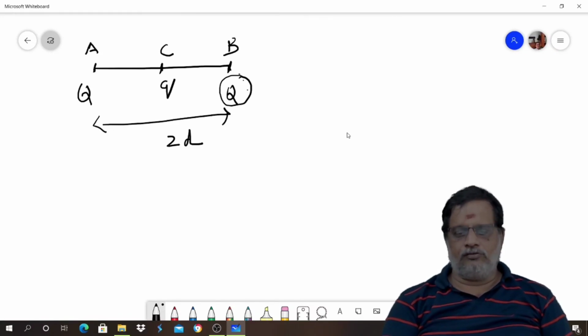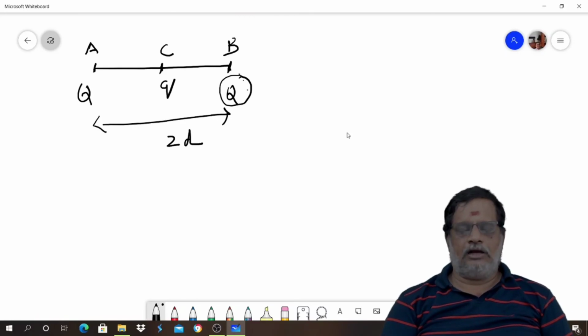Otherwise, if q at B is attracted by the charge q at A with a force, then q at B should be repelled by the charge small q at C with a force of the same magnitude. Then only it can remain in equilibrium, so that the net force on it is 0. So let us see what the conditions are.